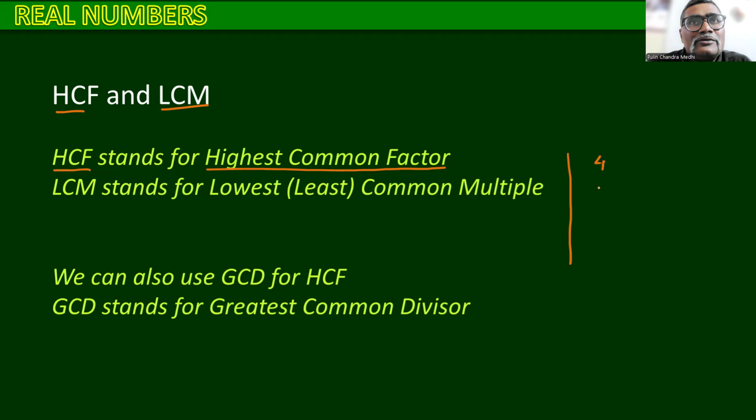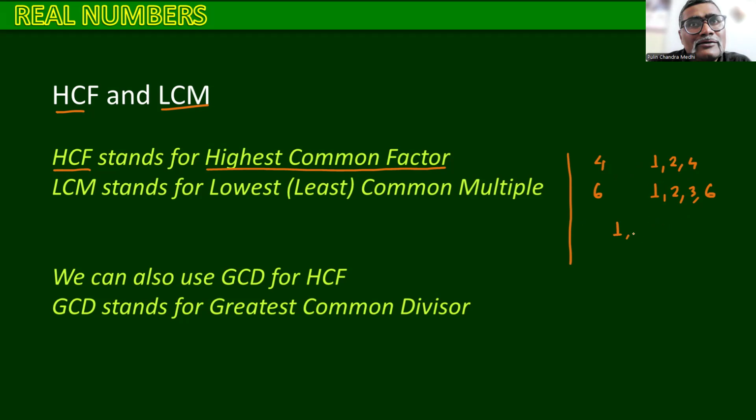I take two numbers, say 4 and 6. What are the factors of 4? Here it is not necessary to consider only prime factors. You take all possible factors: 1, 2, and 4 are the factors of 4. What are the factors of 6? It is 1, 2, 3, and 6. Now let me try to identify the common factors.